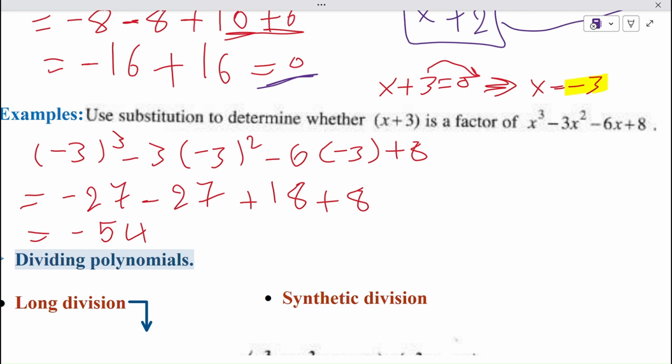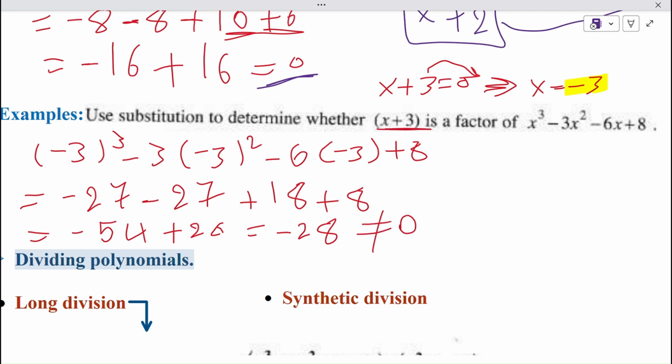Then after this you have to add 18 plus 8 is equal to 26. Okay, then plus 26, this is not equal to 0 because minus 54 plus 26 is equal to minus 28. Minus 28. So this is not equal to 0.